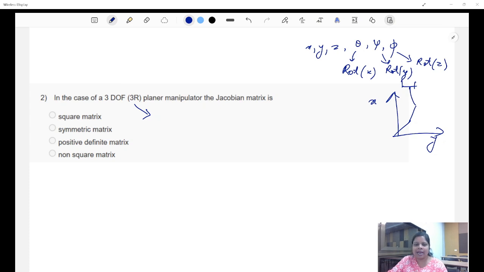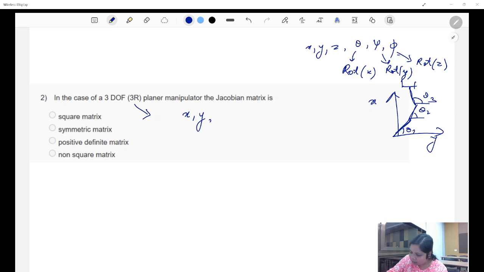So, how you can understand this is actually, if it is a planar manipulator, then it is going to move in this plane only, right? So it is very definite that my end effector has to reach some position in xy plane, right? So 2 degrees of freedom are definitely x and y, right? And when it is moving by some angle theta, let's say theta 1, theta 2, theta 3, it is always about z-axis.